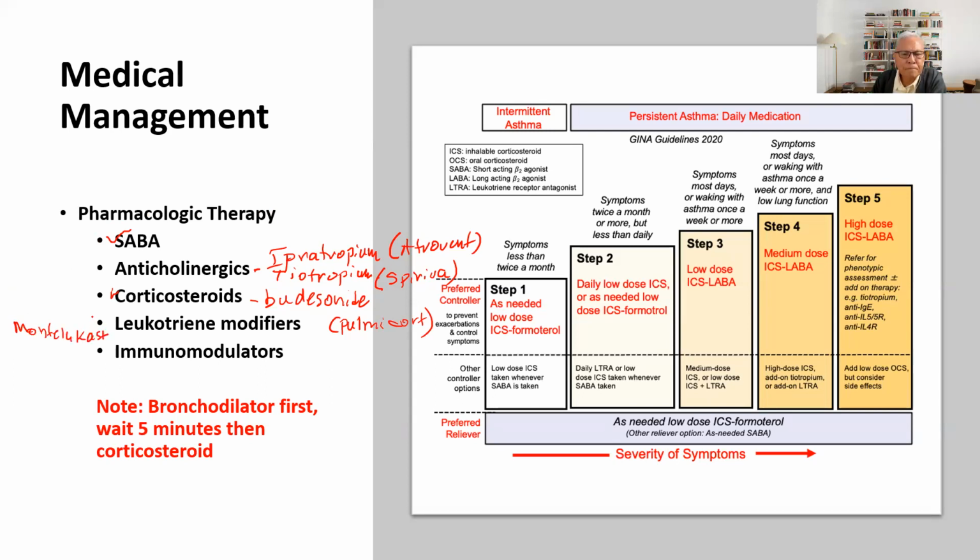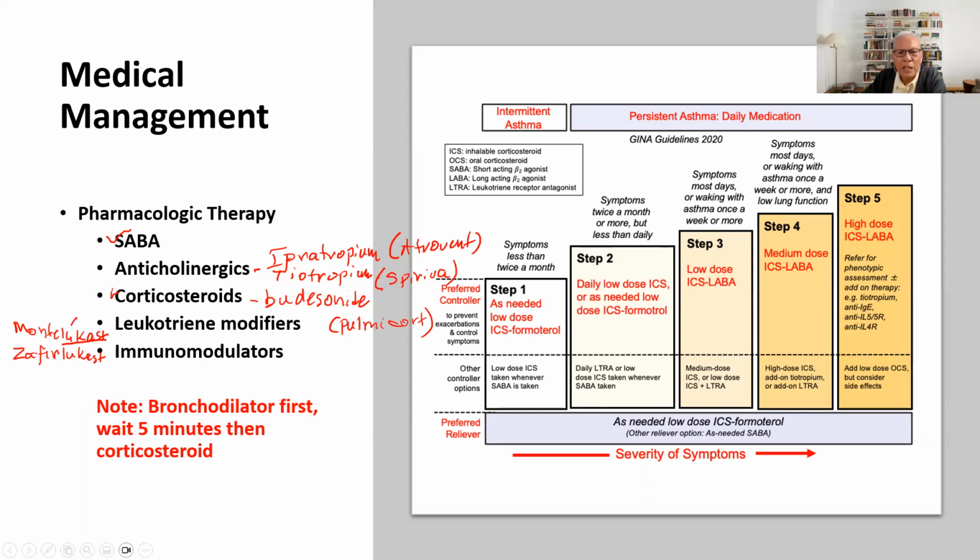If you see the "lukast" suffix, that's leukotriene agents, because the other leukotriene modifier is zafirlukast. Montelukast's trade name is Singulair, and zafirlukast's trade name is Accolate. But it's much better to always look at the generic name.